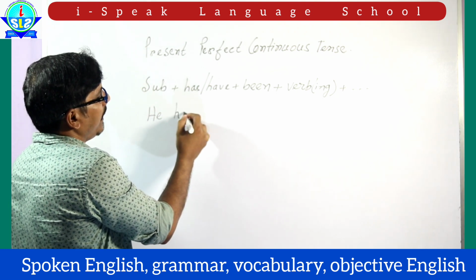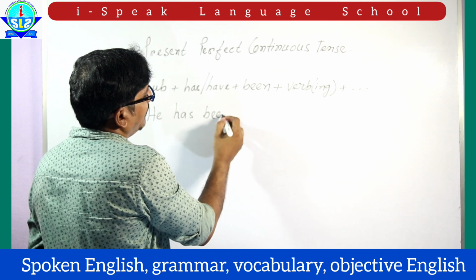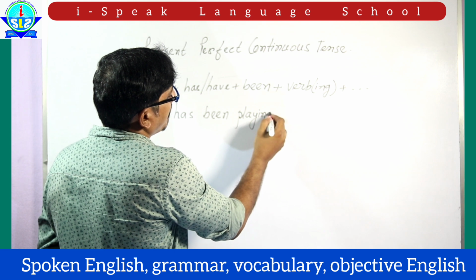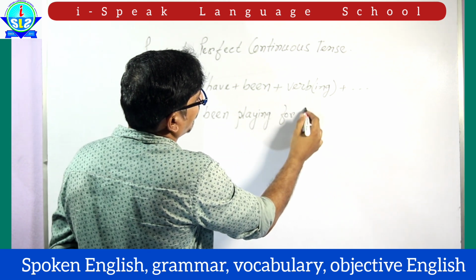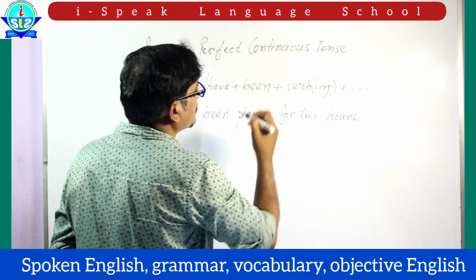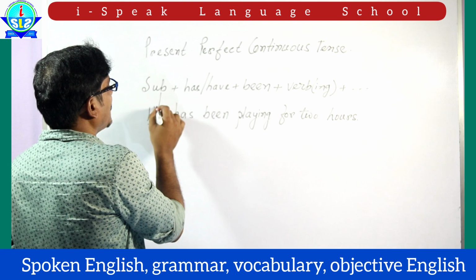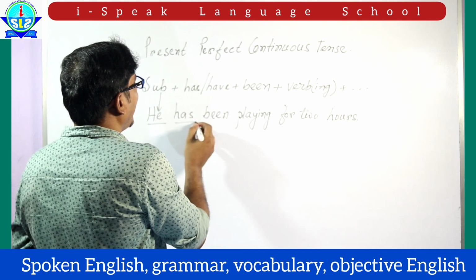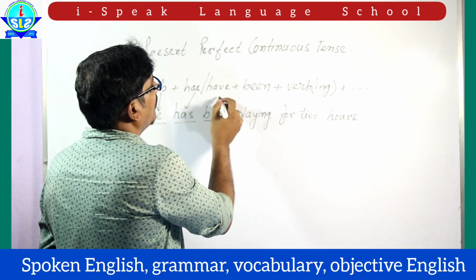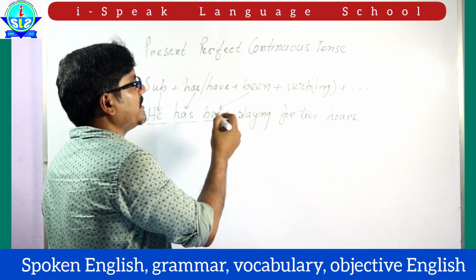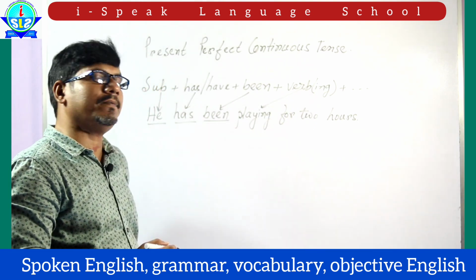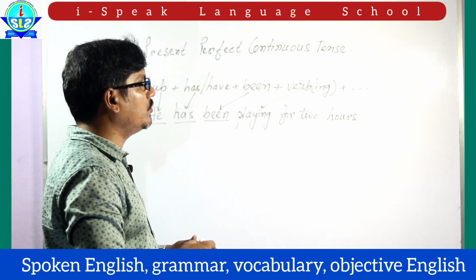He has been playing for 2 hours. You see, he is the subject, has, he singular so has, if plural verb then have, then been, past participle form of be, then verb ing form. Play is the verb, playing for 2 hours.